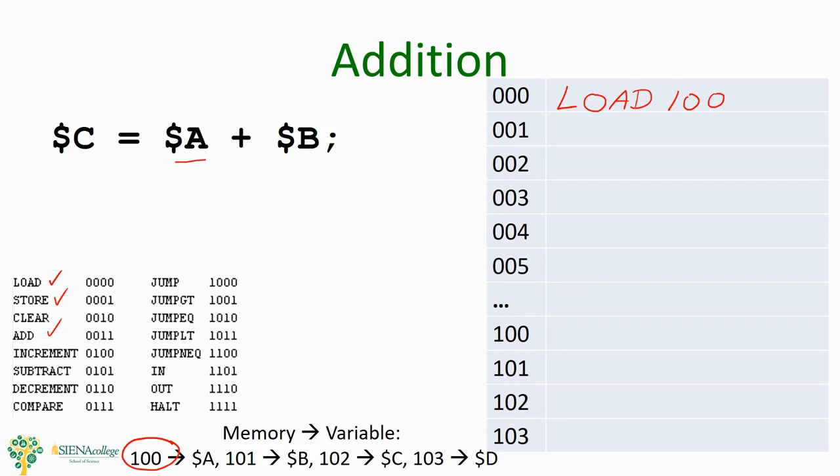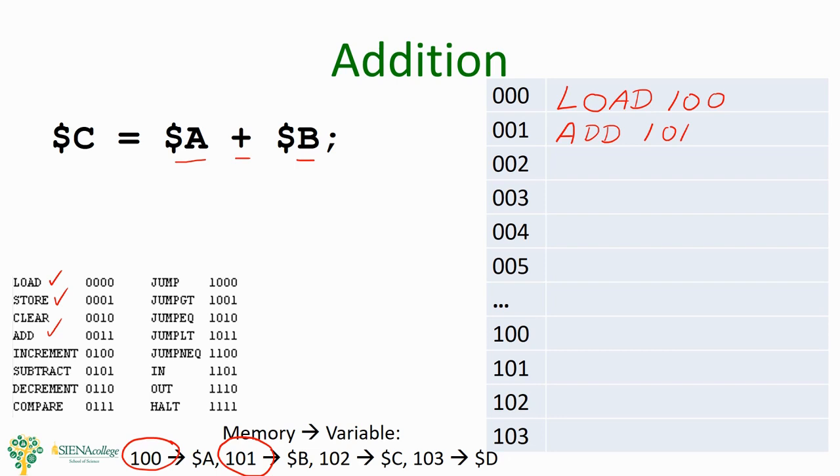And we want to add B. So we're going to use the add assembly language command. B is in address 101. So add 101.